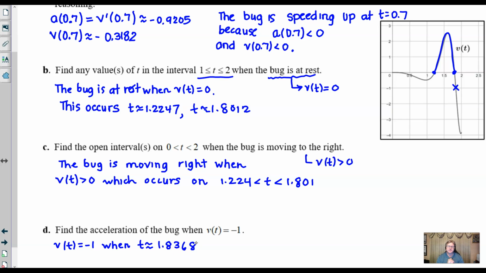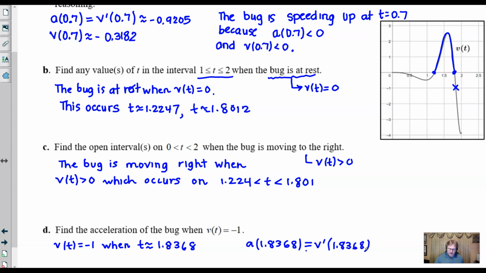That is not our answer, because the question says find the acceleration when v of t is equal to that. So what you're going to have to do is take that time and plug it in for your acceleration. And I'm going to go ahead and use all 4 decimal places. You don't necessarily have to write this again, although I think it's probably pretty powerful to do that.